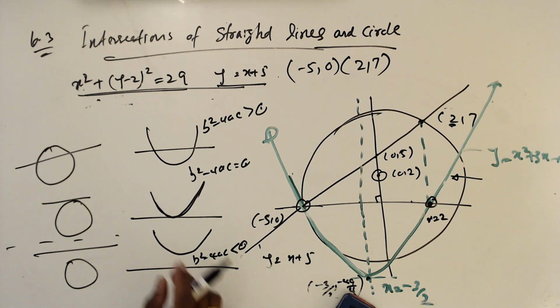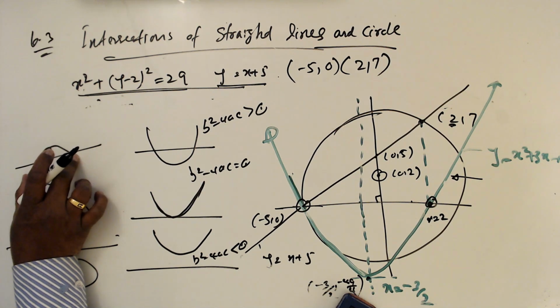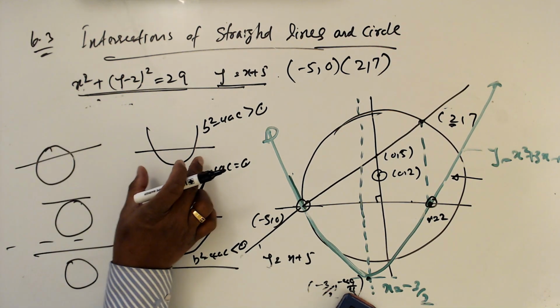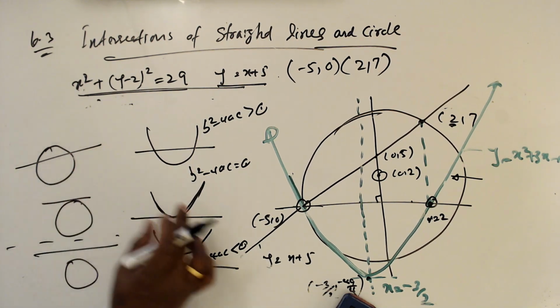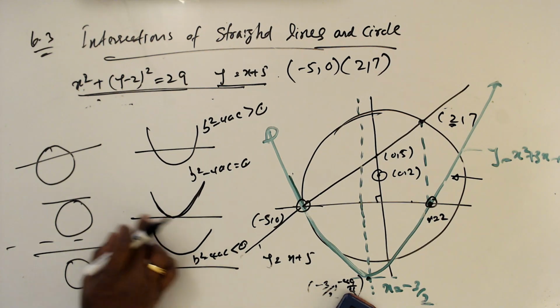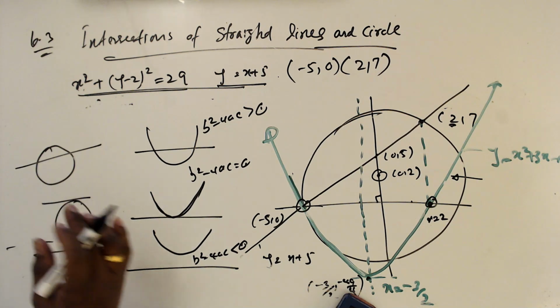Also one more thing, you are deciding there are two intersection points by looking at this quadratic equation. If there are two roots, then two intersection points. One root, then only one intersection point. Basically it is touching, it becomes a tangent.